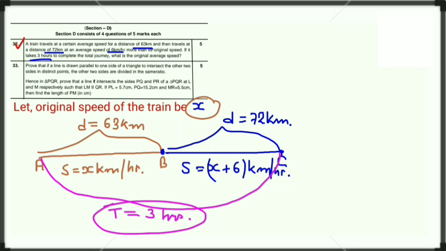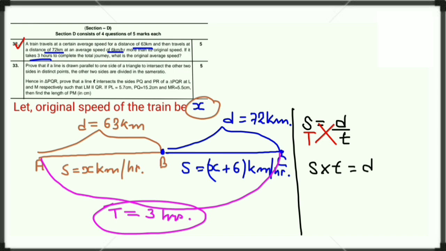Now we have a formula for finding speed, that is speed equal to distance by time. And from this formula we can extract another formula like this. After doing cross multiplication, here we obtain speed into time equal to distance, again time will be equal to distance by speed.